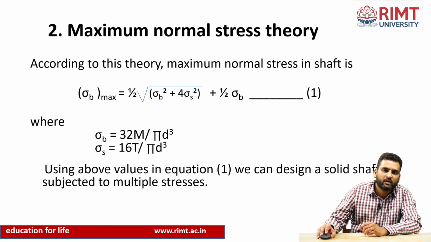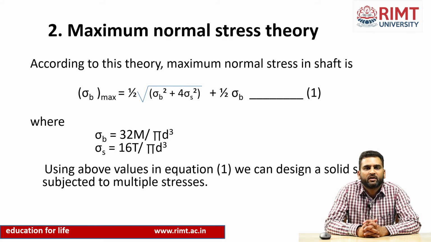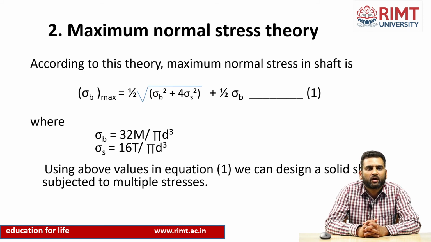Next design failure theory is the maximum normal stress theory. According to this theory, the maximum normal stress in the shaft, the maximum bending stress in the shaft, is half sigma b plus half under root sigma b square plus 4 sigma s square.